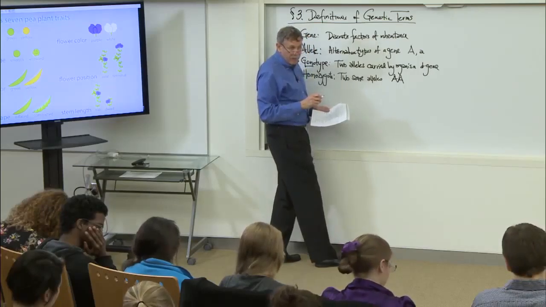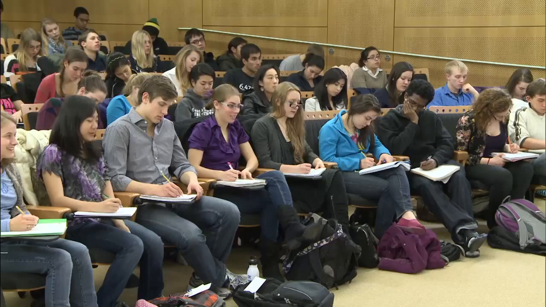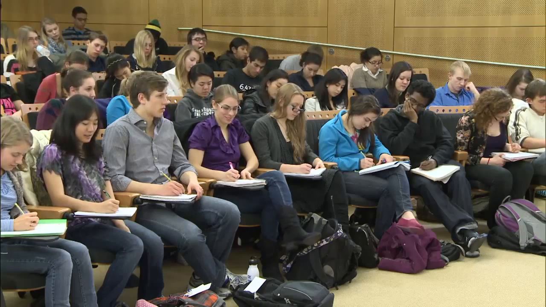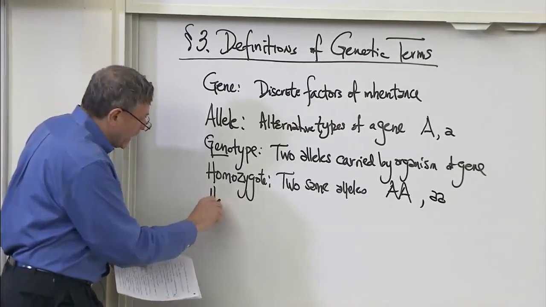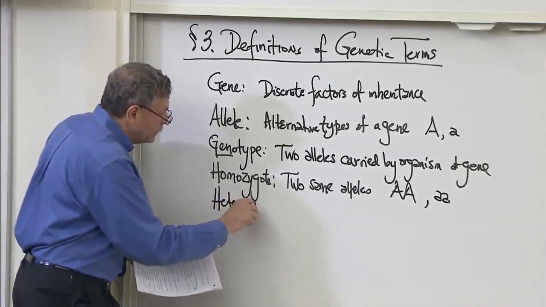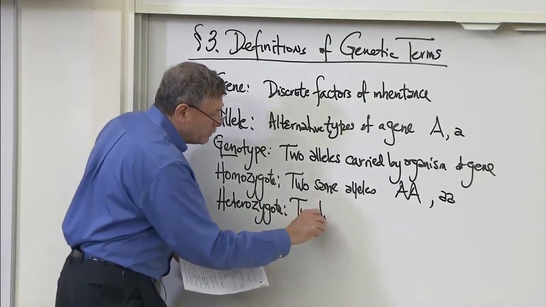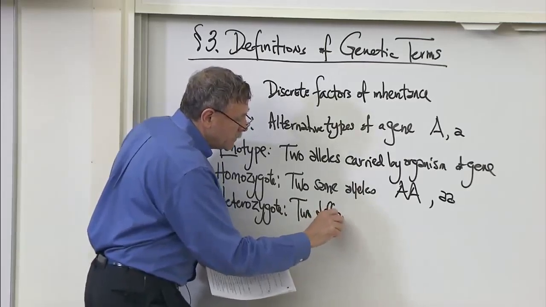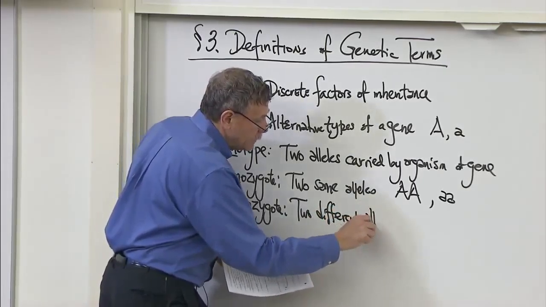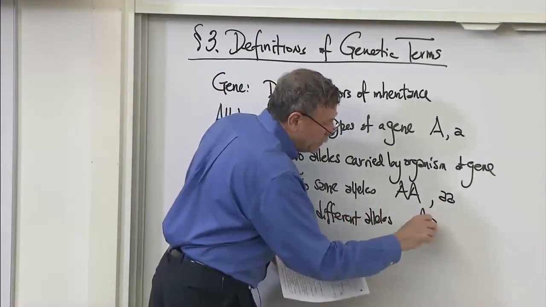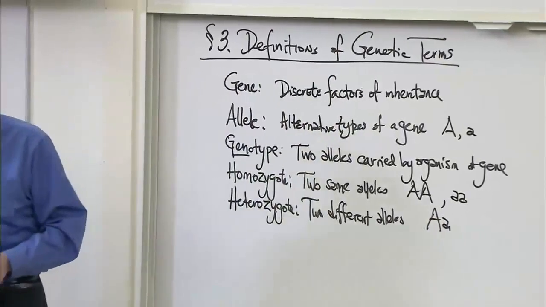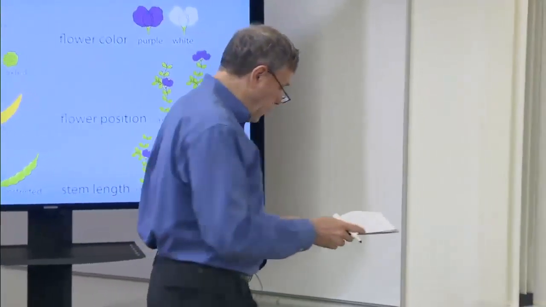Give me an example of another homozygous genotype. Little a, very good. Heterozygous, hetero meaning different here, have 2 different alleles. And big A, little a is the example of a heterozygous genotype.